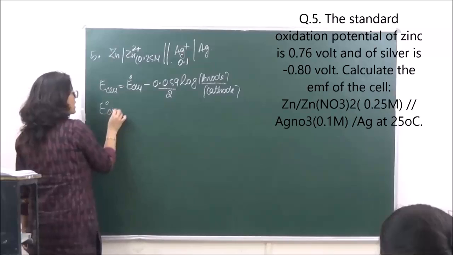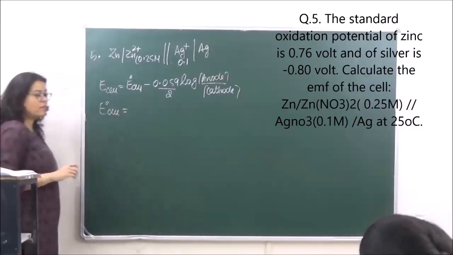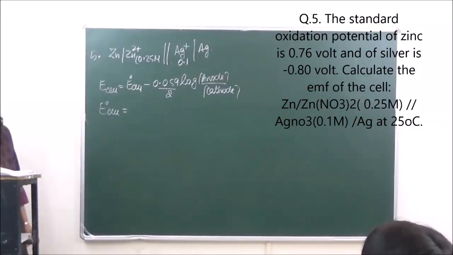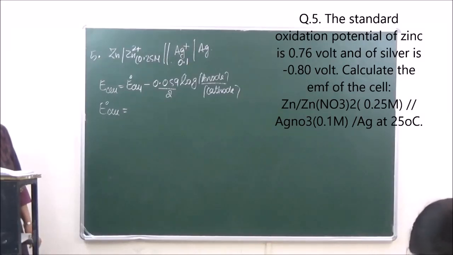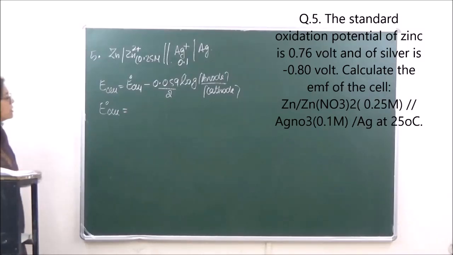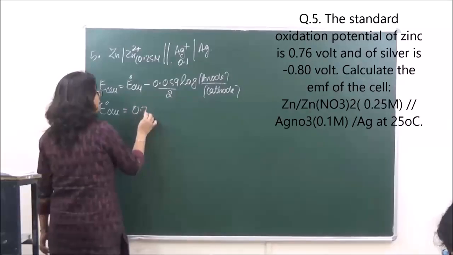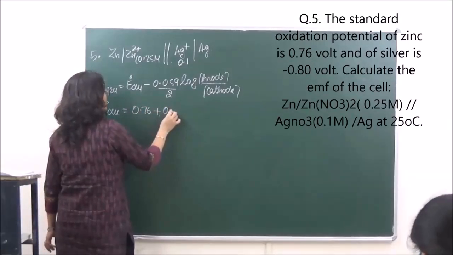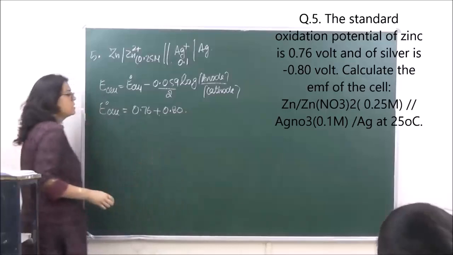So E naught cell is equal to बड़ी वैल्यू से छोटी वैल्यू को माइनस करते हैं. बड़ी वैल्यू हमको क्या दी है? Both are in positive only. So in that case we will add both of these. One is 0.76 plus 0.80.